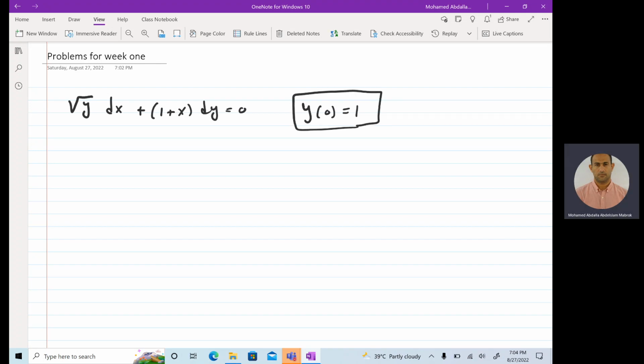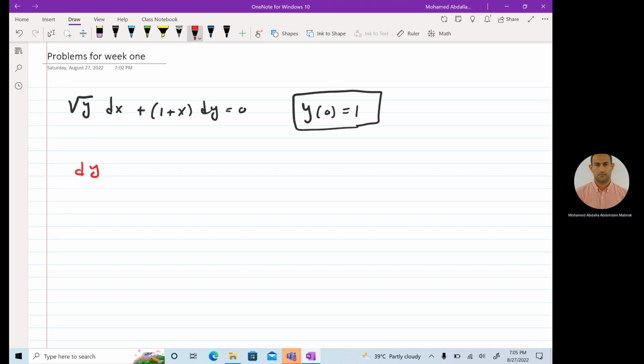But first, this is definitely a first order differential equation, but it's not really written in the form that we would like to see. So the first thing I will do is divide every term by dx, so we could make it dy by dx.